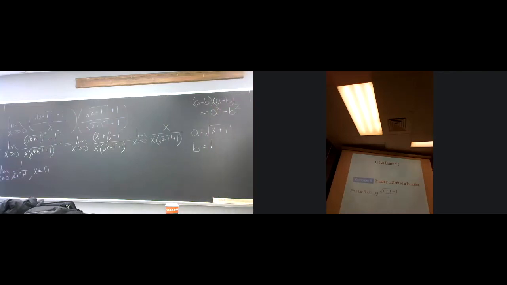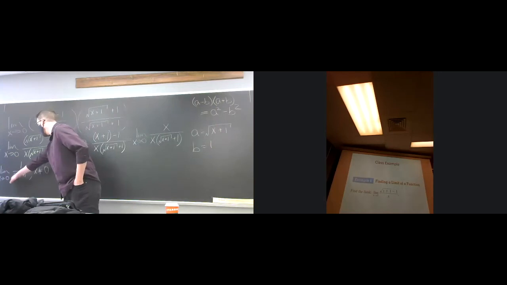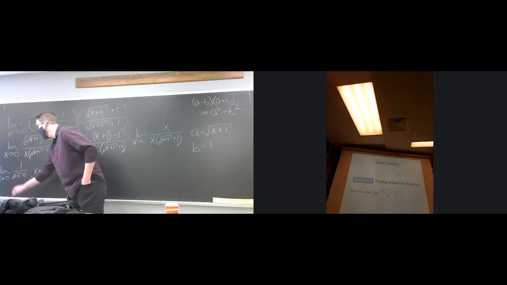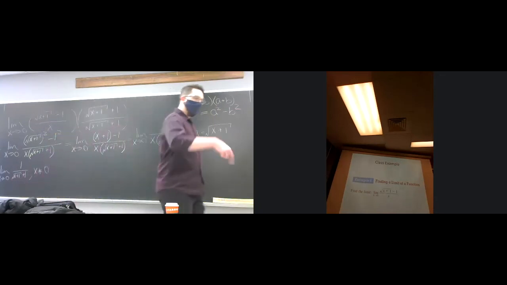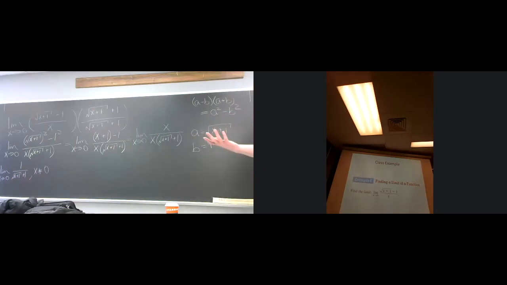Now, we can apply that limit though, can't we? So what's that limit now? Yeah, just going to be 1/2, because when x approaches 0, this radical is going to approach 1, plus 1 is going to be 2, so we're going to get 1/2, right?